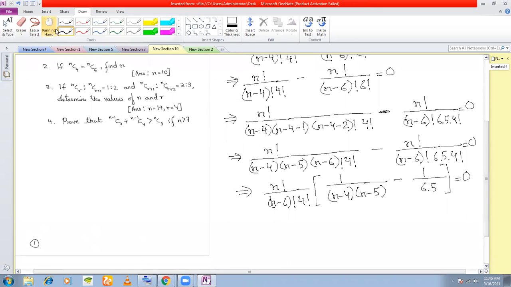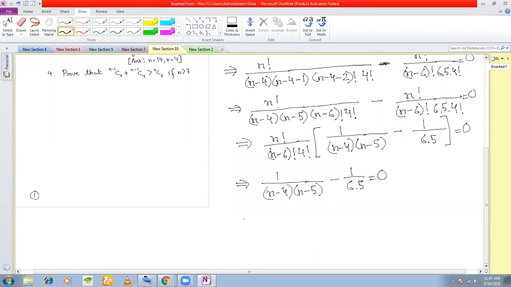So that means this part here is 1 by (n minus 4) into (n minus 5) minus 1 by 6 into 5 must be equal to 0. Now what you do is you multiply. You get n square minus 9n minus 10 minus 1 by 30 is equal to 0.